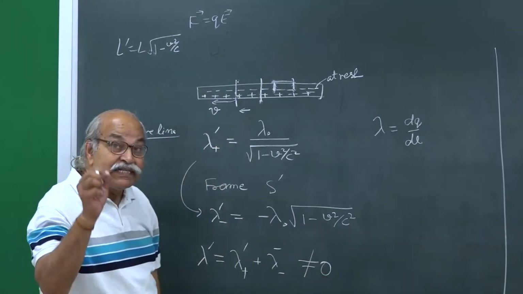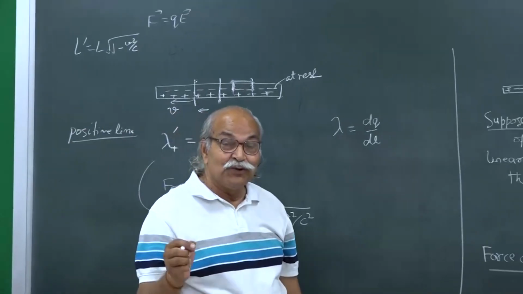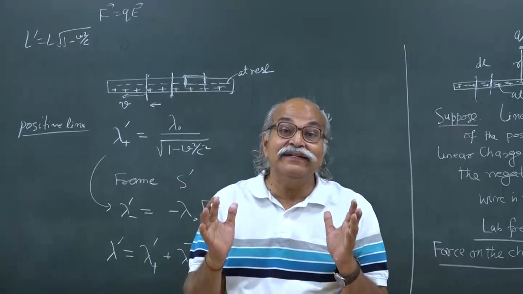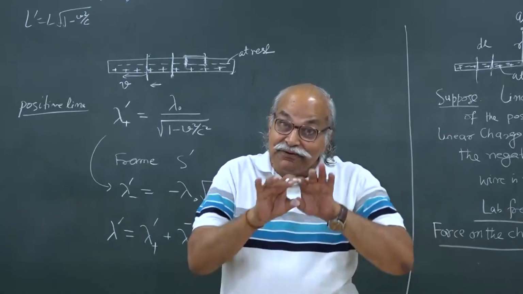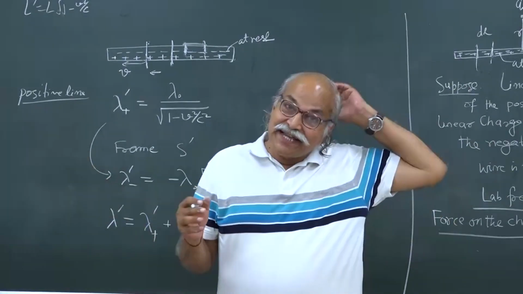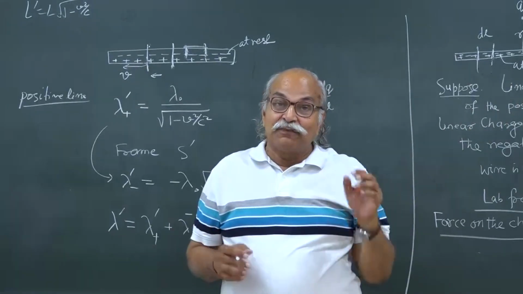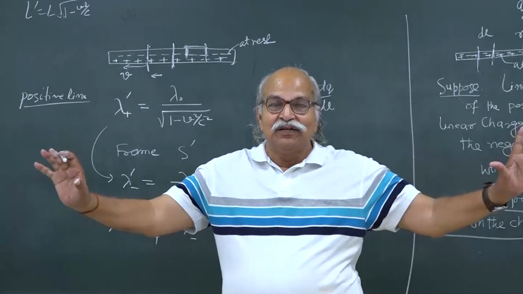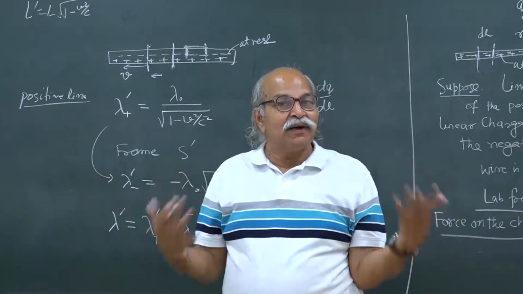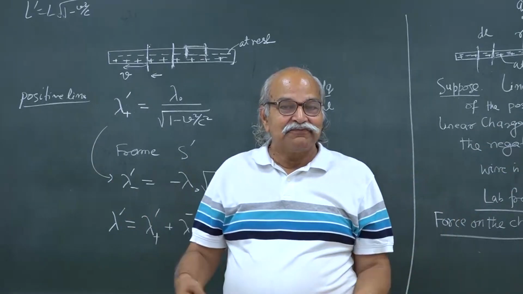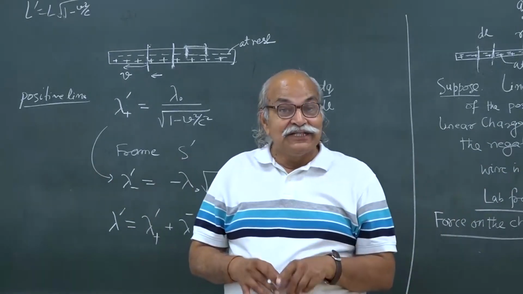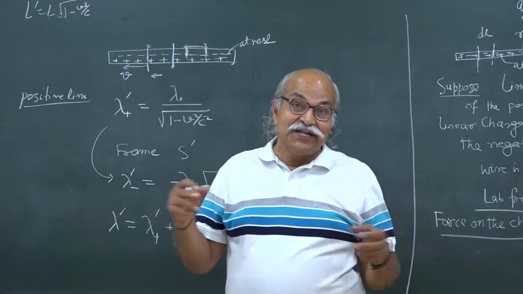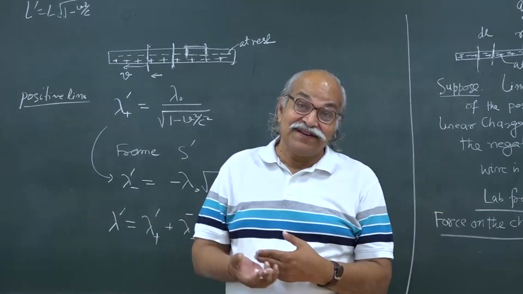Your wire is charged, your wire has a finite charge density, and you can take this dl anywhere on the wire. From the lab frame, there is no charge density on the wire, positive and negative charges just balance each other. But from this trolley frame, your wire is charged, and if it is charged, it will produce an electric field.